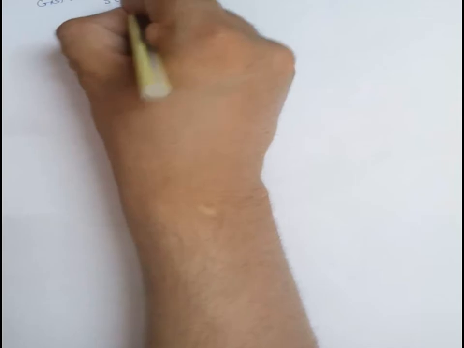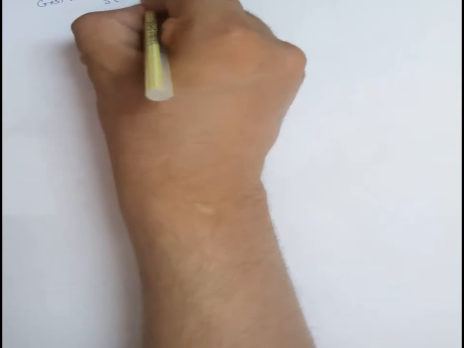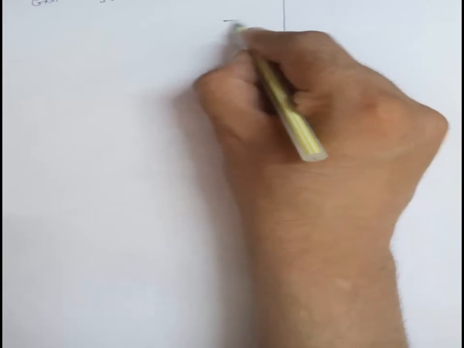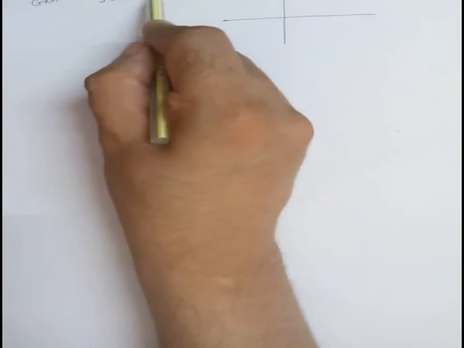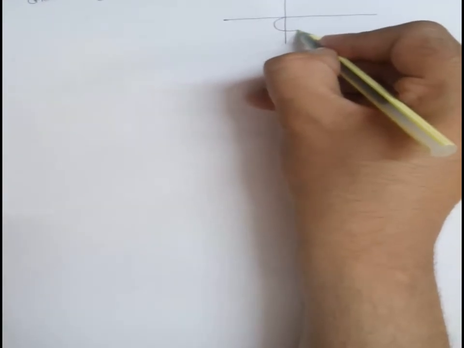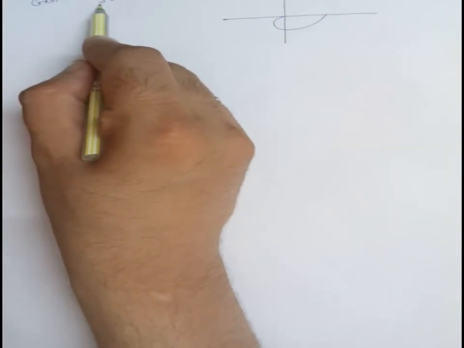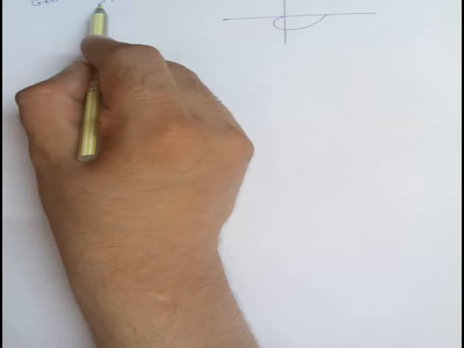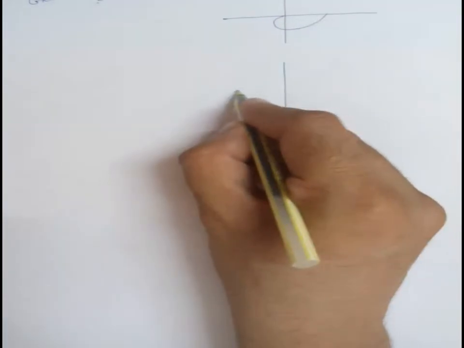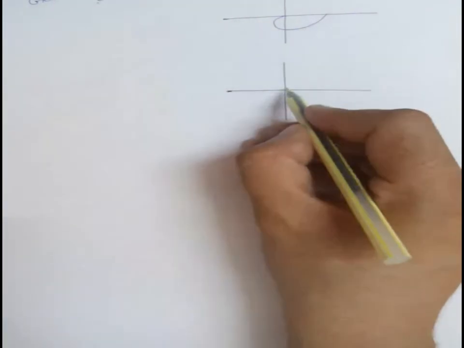Okay, now I consider another example. G(s)H(s) is equal to 1 upon s into (s plus 1) into (s plus 2). For this type of system, I directly draw the polar plot. For (s plus 1) and (s plus 2), I have a polar plot like this. And when I add a pole at origin, I get the polar plot like this, because it is shifted by minus 90.